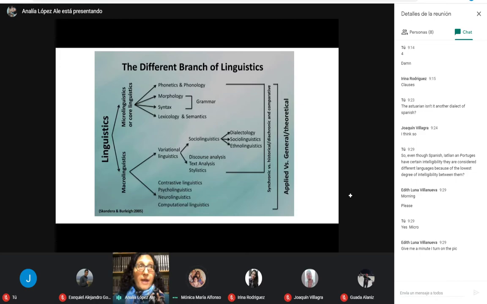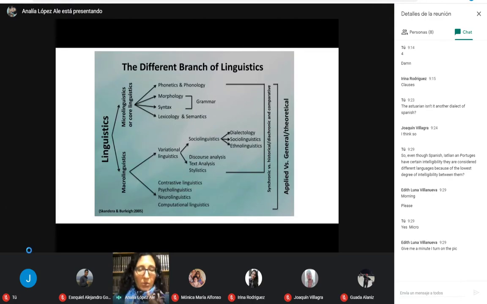In the same way, phonology studies the possible combinations of sounds and those that are not possible. The same happens with grammar. Grammar will tell us how morphemes are combined into syllables, how syllables are combined into words, and how words are combined into sentences, okay?